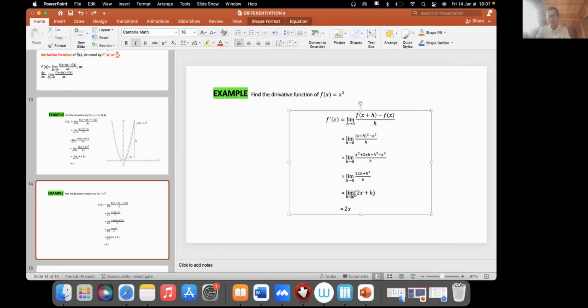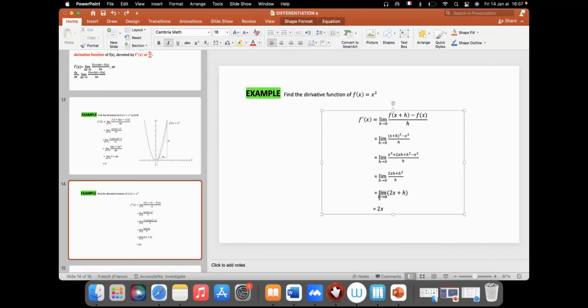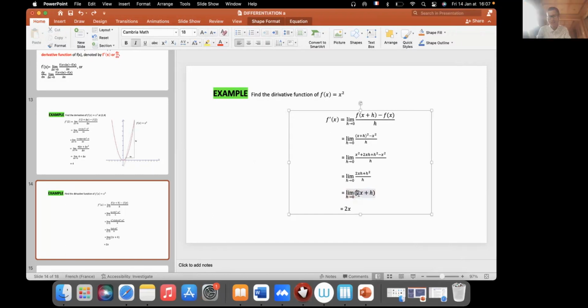So we apply the limit operation. Be careful. Some students may apply the limit to x, okay? Always keep in mind, our limit is with respect to the change in x, which is h here, right? So our result is 2x, as h goes to 0, right?